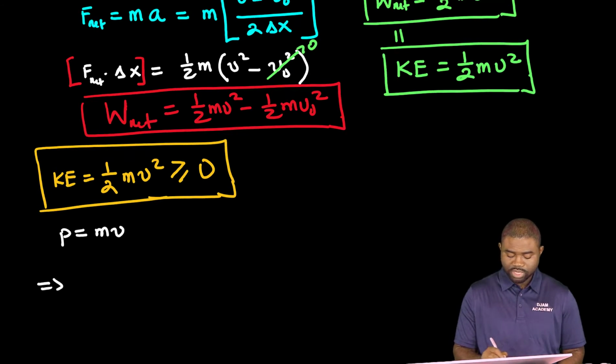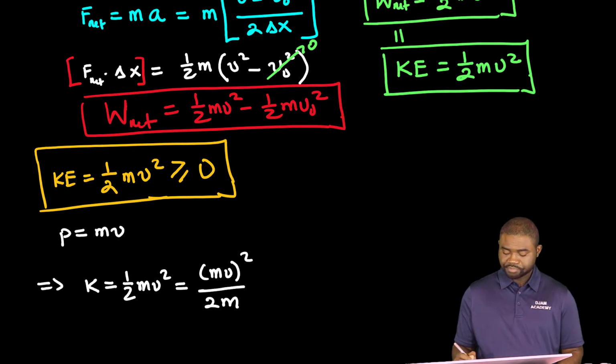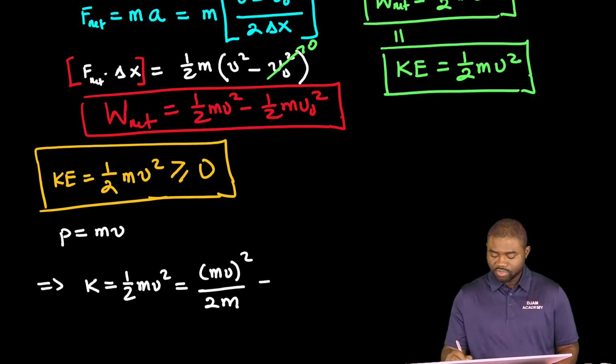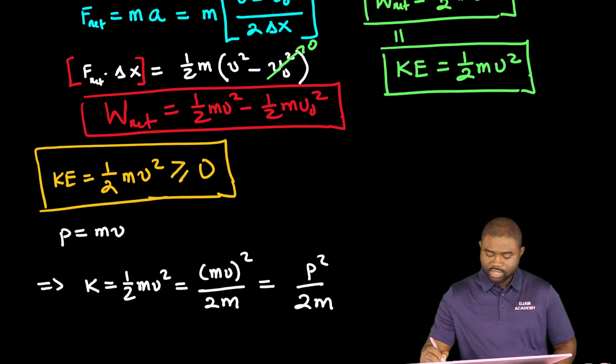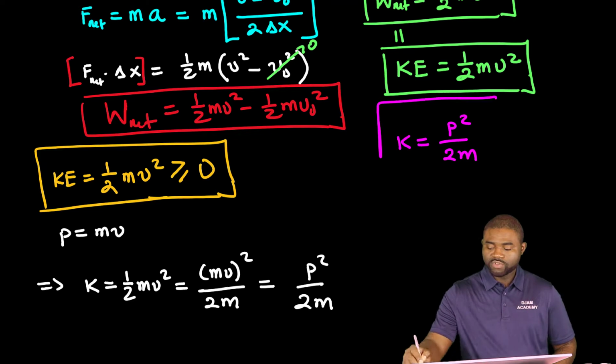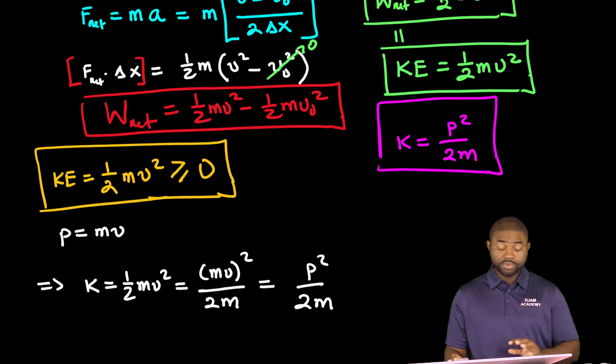So this would imply that the kinetic energy, which is just 1/2 mv squared, will be equal to (mv) all squared divided by 2m. mv is P, so this is equal to P squared all divided by 2m. In other words, the kinetic energy of an object is equal to the momentum of that object squared divided by 2m. This is a very good equation with some important properties.